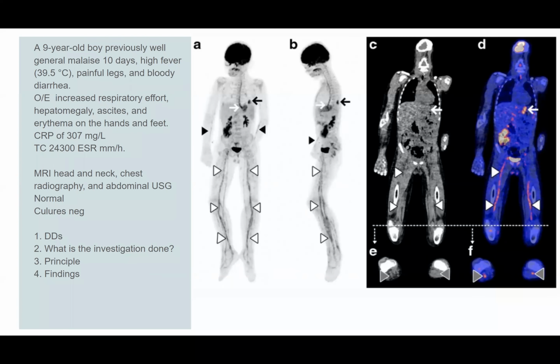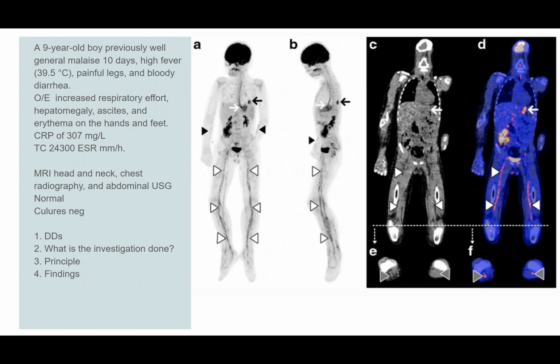What scan is this? PET scan. What is the finding? Increased uptake in the bilateral femur, tibia, and there is a lung nodule also, I think. Yeah. So what you thought is right, but that is not the bone. That is the vessels.